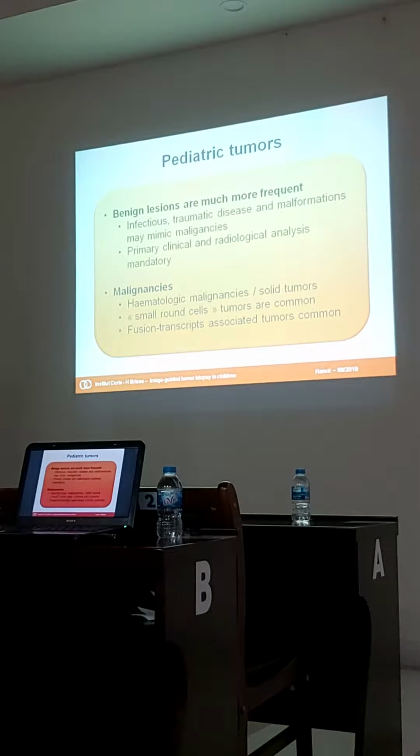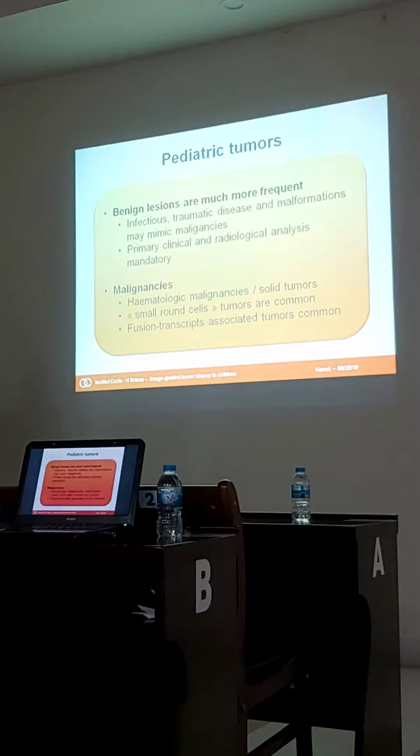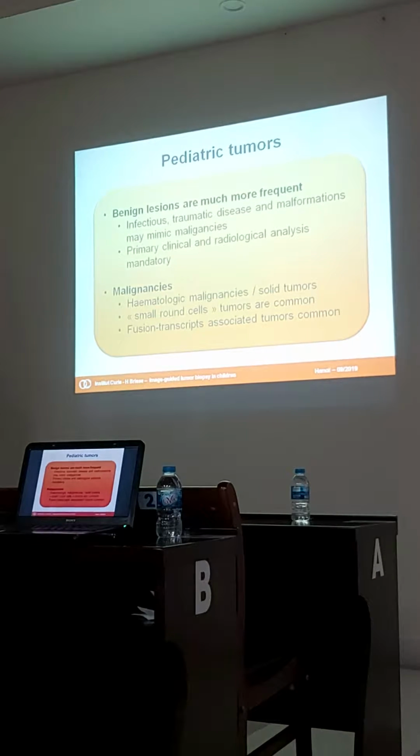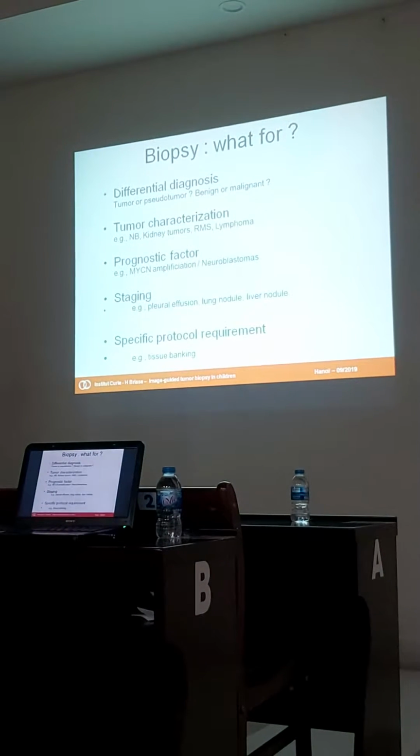And especially we have a lot of fusion transcript abnormalities. I will go back on that later. And this is important to remember because it leads us to manage our specimen with specific conditions.